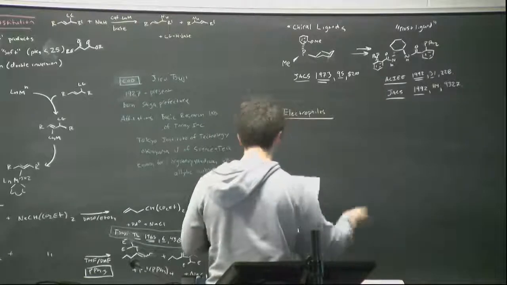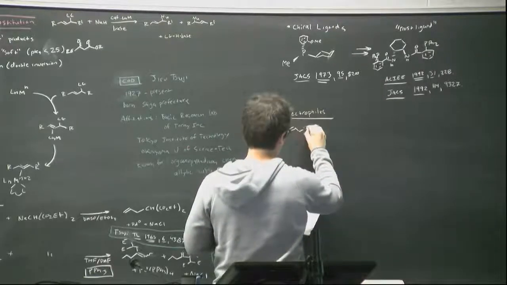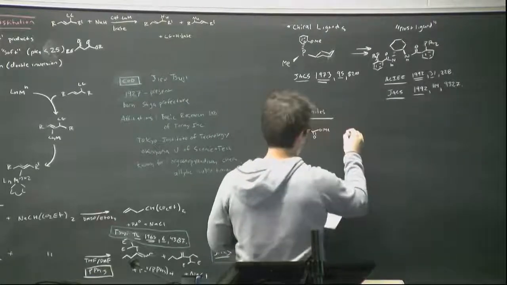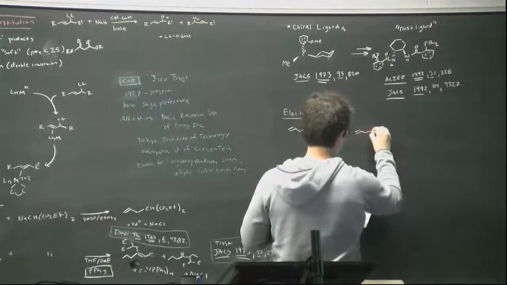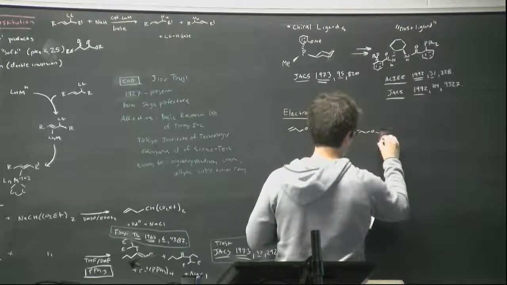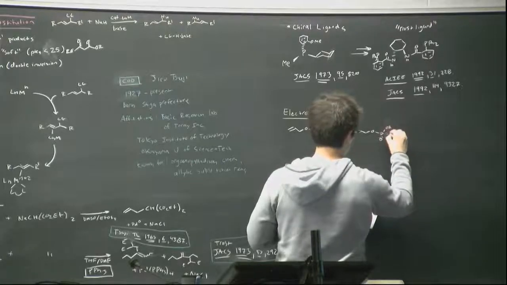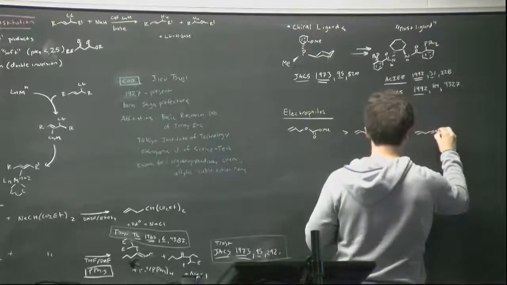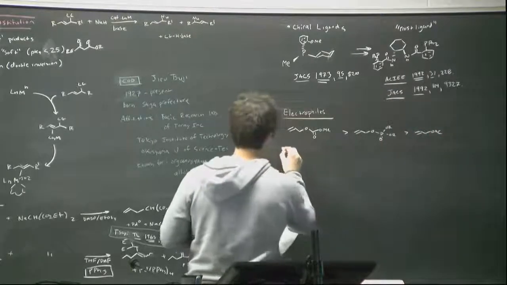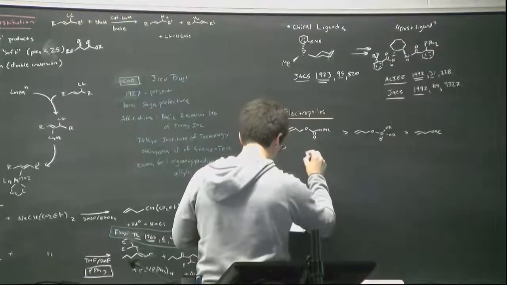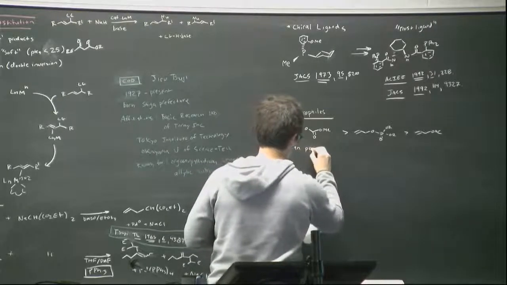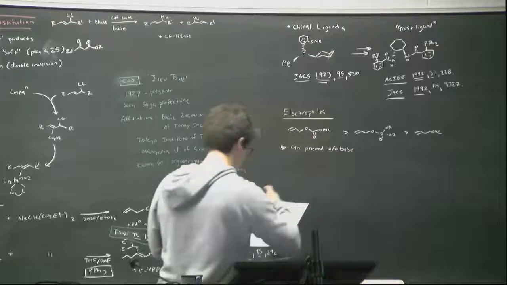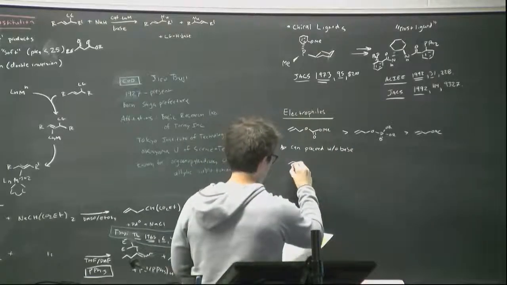So for electrophiles in this chemistry, here are some general reactivity trends. The most reactive are these allylic carbonates, followed by allylic phosphates. And one of the advantages of the allylic carbonates is that they have an equivalent of base embedded in them.